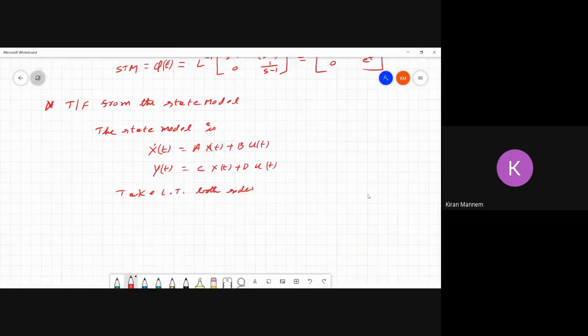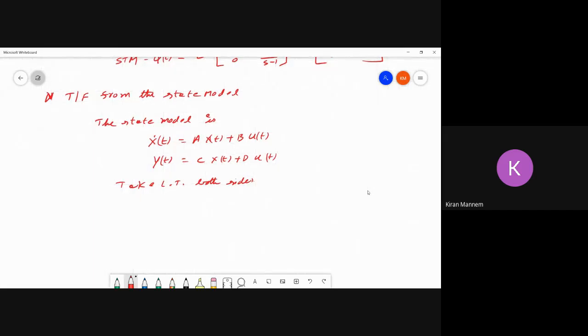So I think we did this. We got some equation: s into x of s minus x of 0 is equal to A into x of s plus B into u of s. So what's the objective? Objective is finding transfer function of the state model, that is output by input, that is y of s by u of s, isn't it? This is your transfer function.